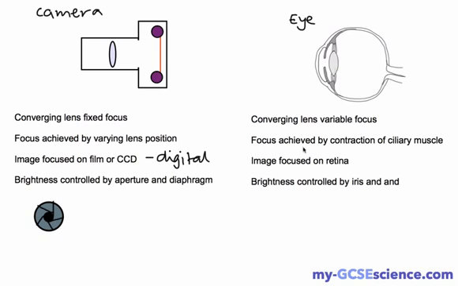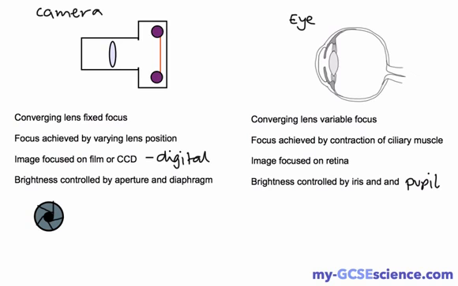We can focus as well by the contraction of our ciliary muscles, so the ciliary muscles will change the shape of the lens as opposed to the lens moving backwards and forwards in the camera. We also have the image focus on the retina at the back. The equivalent for that is the film or the CCD in the camera, and we can control brightness by the iris and, I should say, also pupil.